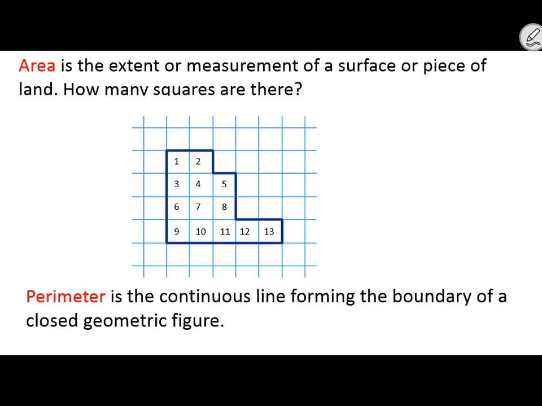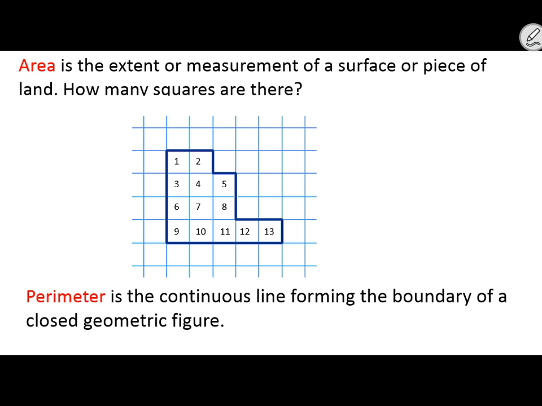If that was a park or a backyard or something, the area is the grass, right? It's the inside. The area is the inside, the perimeter is the fence. So for us to understand the difference, area is the grass, perimeter is the fence. So there's your difference. For perimeter, just count how many little squares are there at the side.